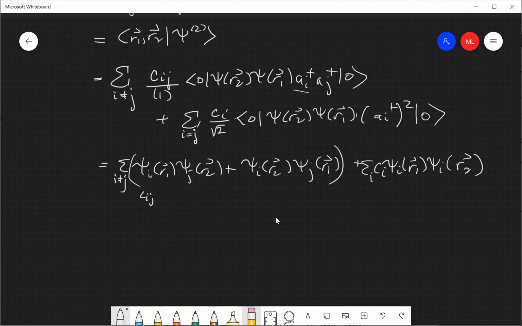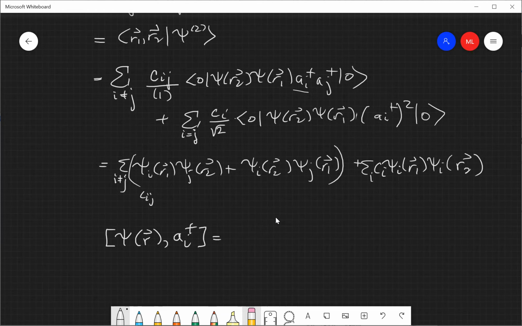Because it's just another application of Wick's theorem. You actually have a commutation relation between the annihilation operators for the coordinate and the creation operators here for these guys.